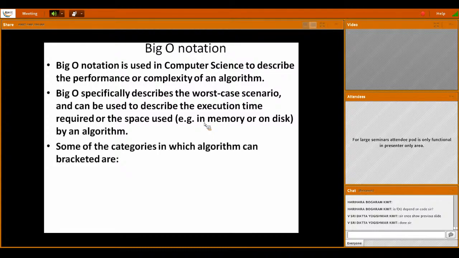Then some of the categories in which the algorithm can be bracketed. I'm coming to Bogaram, your point. Sir, are you converting the code into something like this, f(x)? Yes, Bogaram. Firstly, O(1). For example, I had mentioned this when we were considering open hashing.